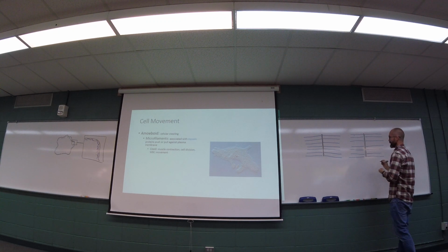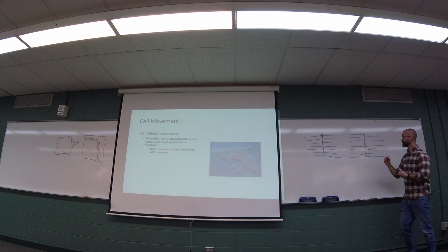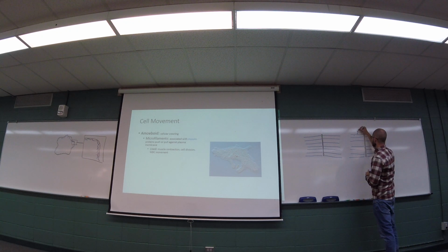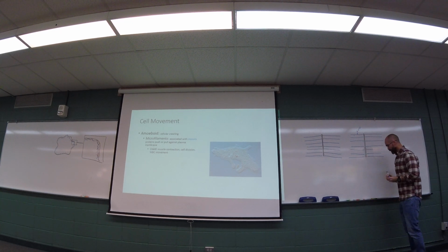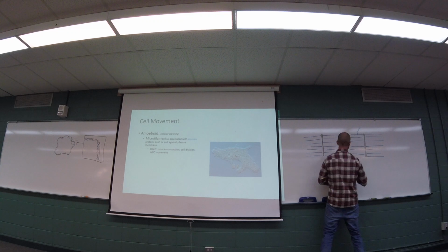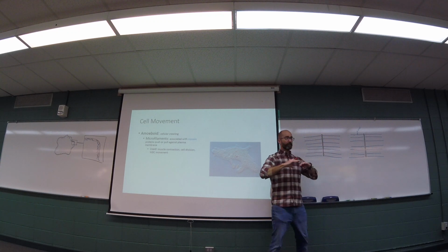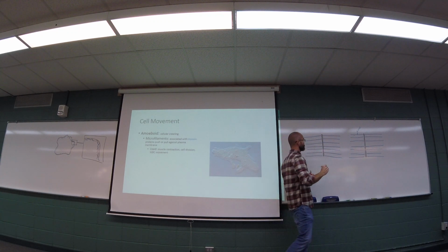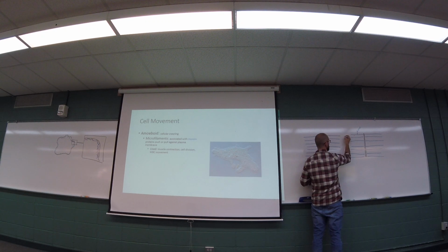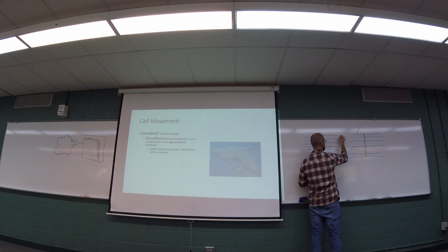And then incorporated in between all of those actin filaments, there are myosin motor proteins that extend past that space in between. And they look something like this, where they have these little fingers that come up and attach to the actin filaments on both sides.